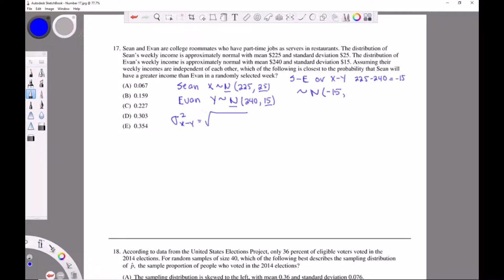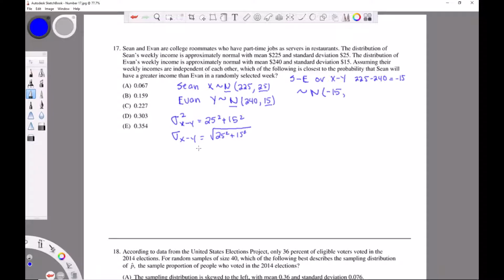Oh, check that. Let me go back. That's just going to be 25 squared plus 15 squared. And then to get the standard deviation of that, we're just going to take the square root of that. So that's going to be the square root of 25 squared plus 15 squared.